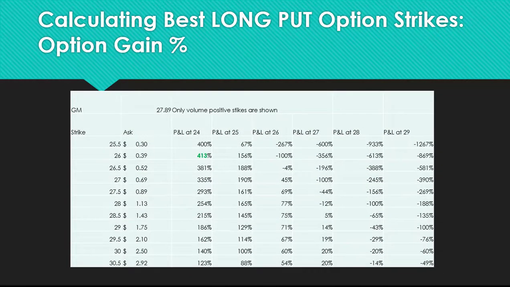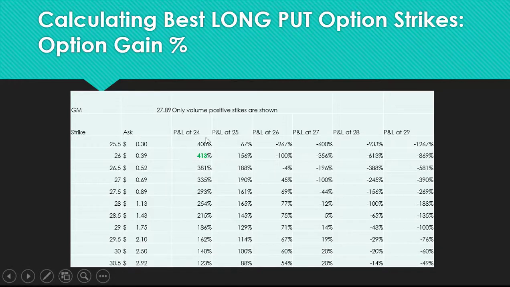Let's take a look at the put. Once again, these are the strikes that have volume. None of the strikes without volume were listed. But if we bought the $25.50 strike and sold it at $24, we'd have a 400% gain. It just turns out, however, based on the price of these options, the most profitable option is the $26 strike.